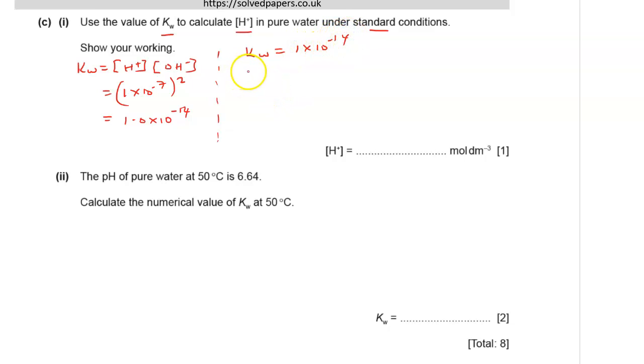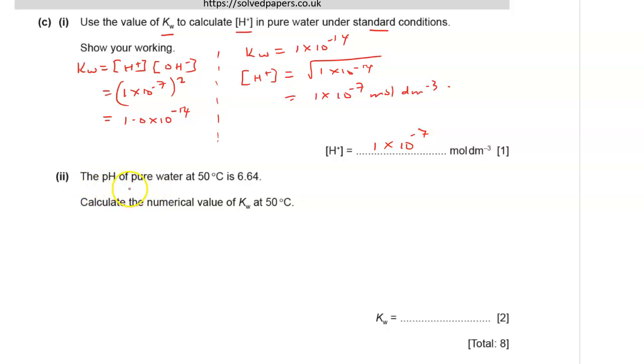And therefore, the hydrogen ion concentration will be the square root of that, and what we get is 1 times 10 to the power minus 7 moles per dm cubed.